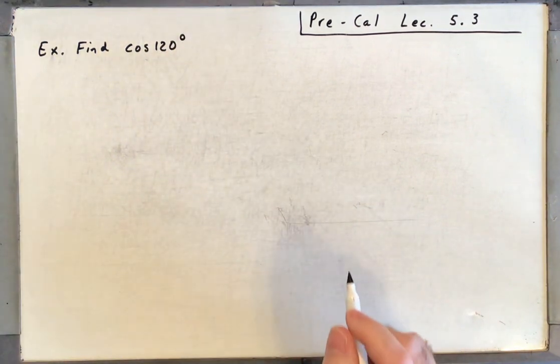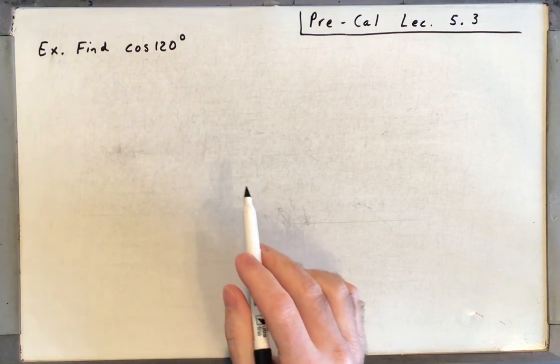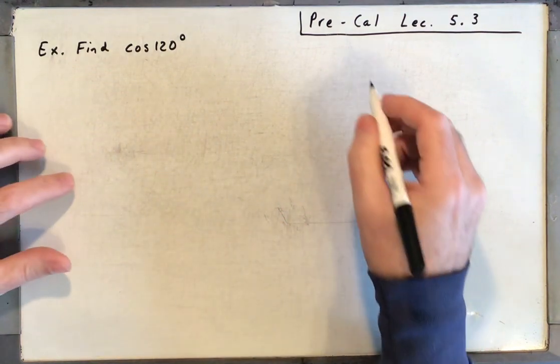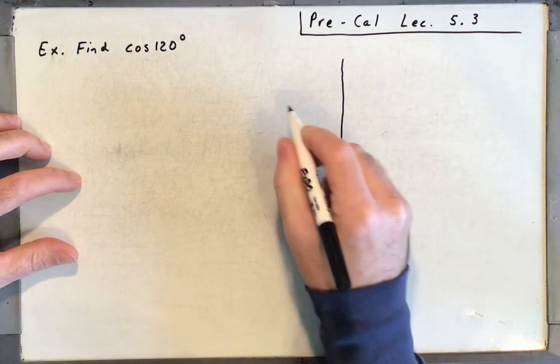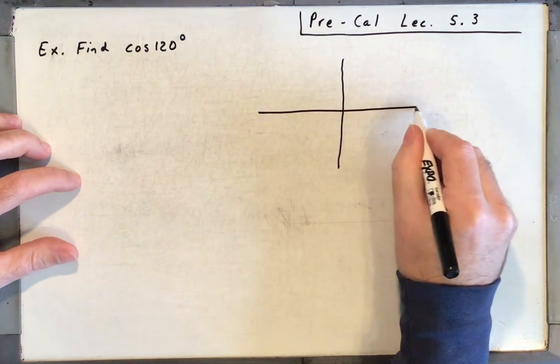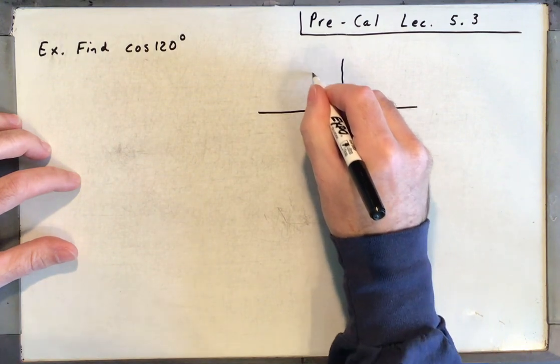All right, you could read this directly from the unit circle, but I am going to show you how it works. So let's draw our coordinate plane over to the right. Try to draw it a little bigger this time. 120 degrees is going to be in quadrant 2.